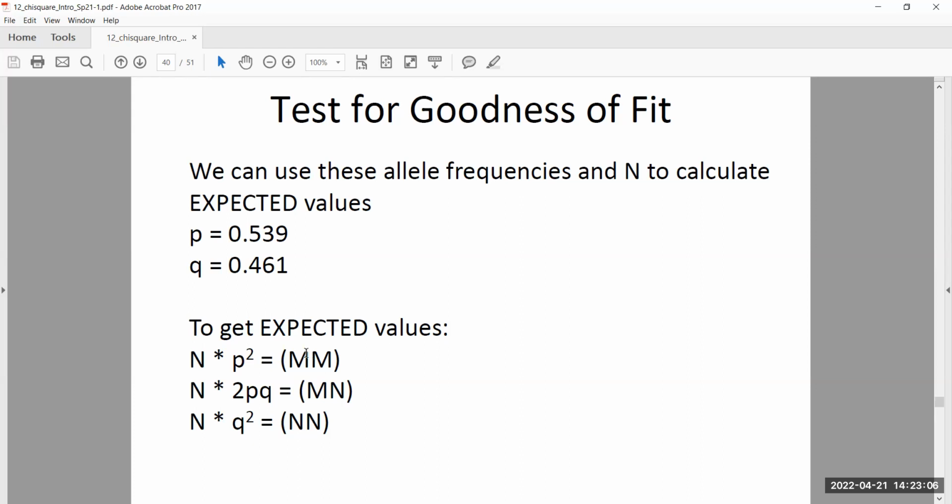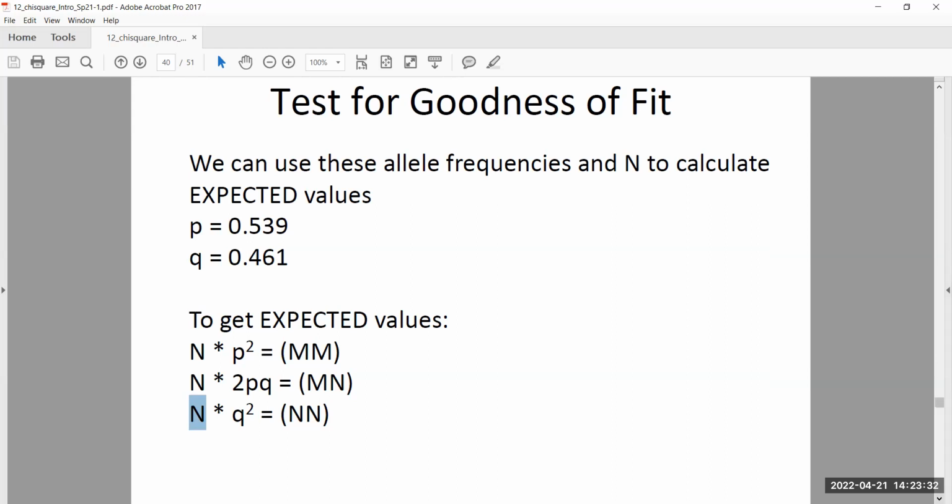So we're going to go through these steps using capital N times 2PQ and capital N times Q squared to give us our expected counts. Now the P squared, the 2PQ, and the Q squared give us the genotype frequencies, but we want to compare them to counts, and so we use our sample size to convert those from frequencies to counts.